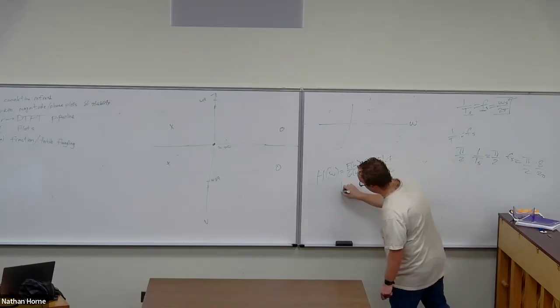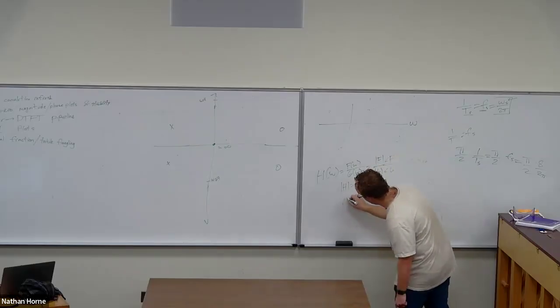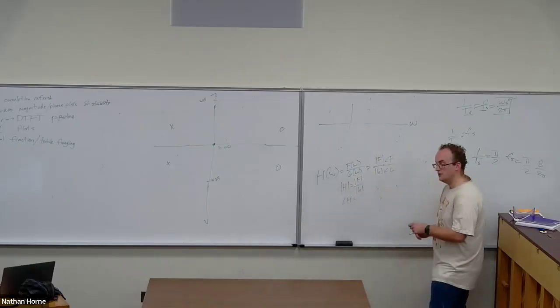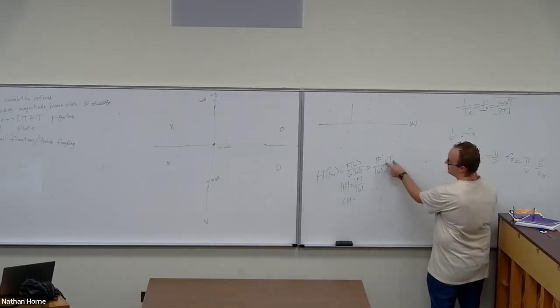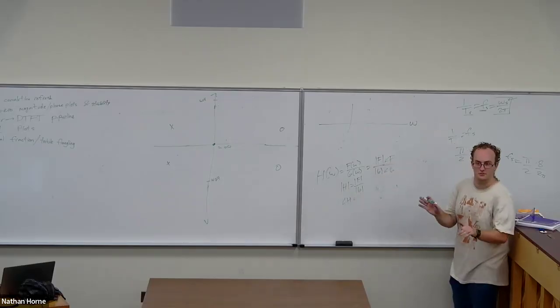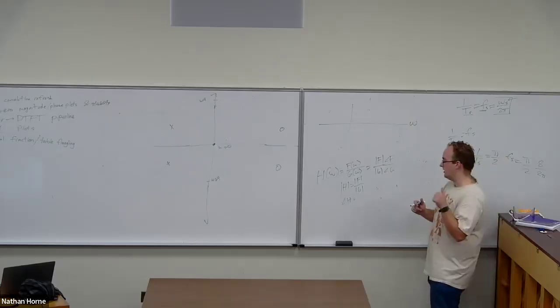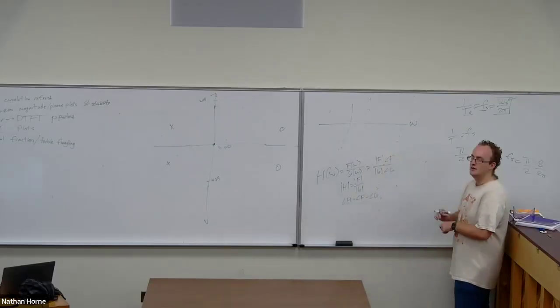So the magnitude of H is equal to the magnitude of F over the magnitude of G. And the phase of H is equal to, with a little bit of complex properties here, the phase of something divided by the phase of another thing is equal to the phase of the numerator minus the phase of the denominator. We're fine with that? Okay, great. It's just the whole phase thing.